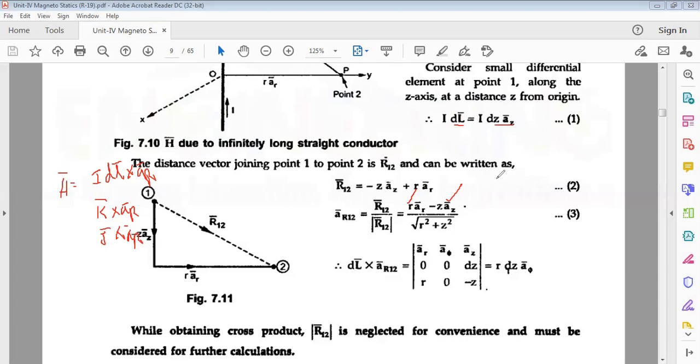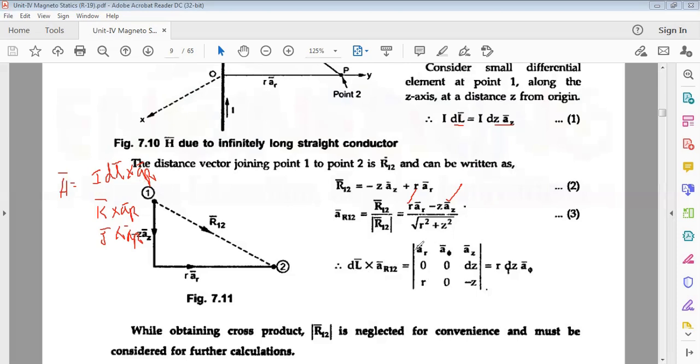For any function, ar bar cross b bar, you can find the determinant. The denominator, the square root of r square plus z square, is also there. I am finding only dl bar cross ar bar without keeping the square root of r square plus z square.